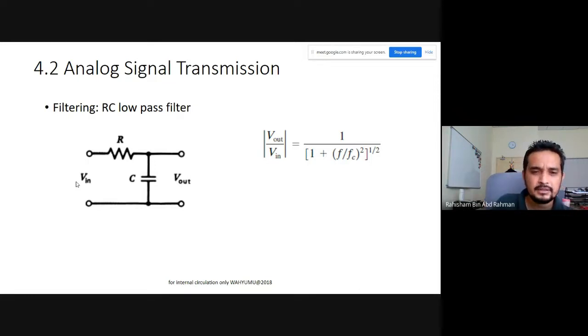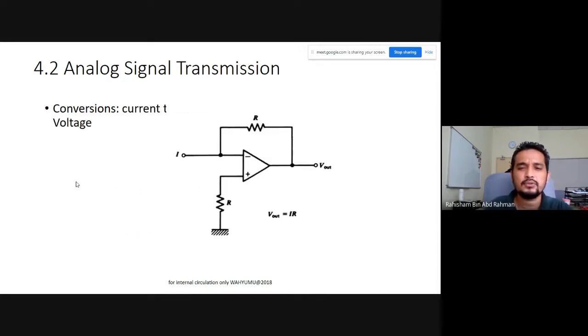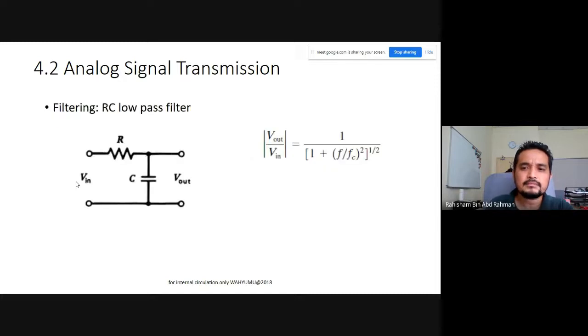It's not limited to this one, but this is the most proven and well-known circuit for voltage to current, current to voltage, low pass filter and high pass filter. This is the most common and constantly used in practice. But if you are genius enough, you can establish it by yourself, no problem.